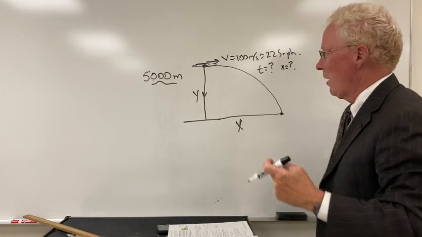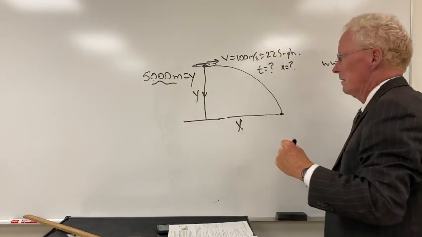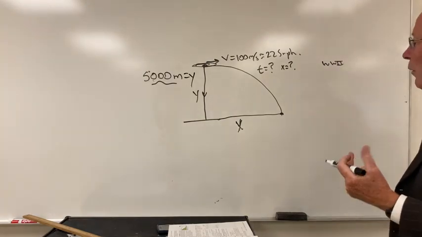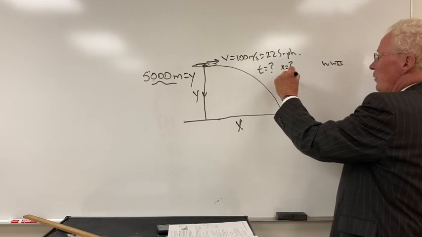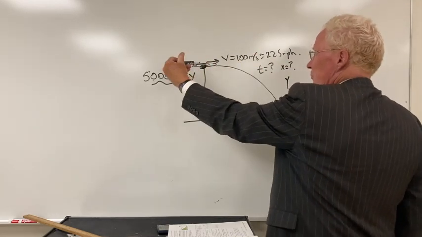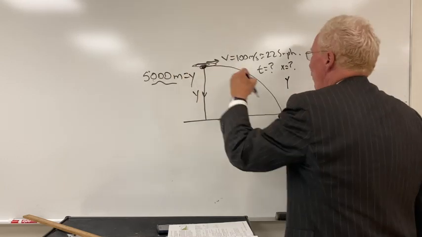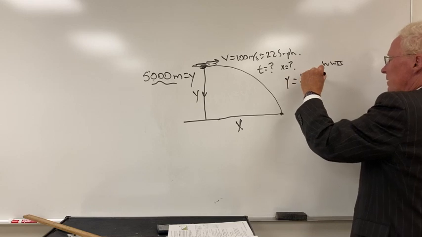So let's look at this problem. So y is 5,000 meters. And we know from chapter 2 that our equation for y for something in free fall, because we're going just horizontally, free fall, is y equals 1/2 g t squared.